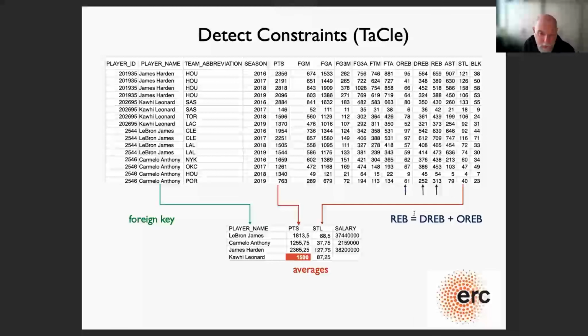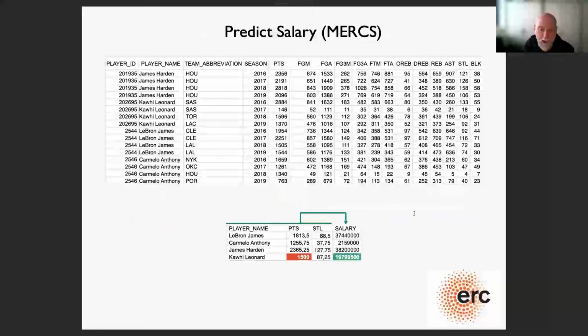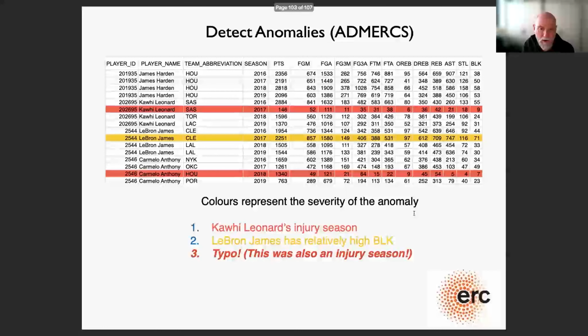Then if you know it's an average, you can actually fill out this 1500 value for Leonard, and then you can learn a kind of predictive model to predict the salary.